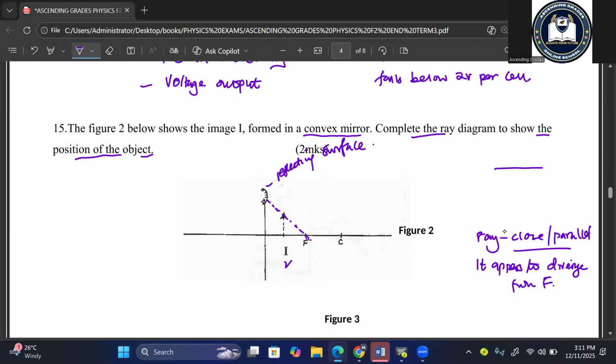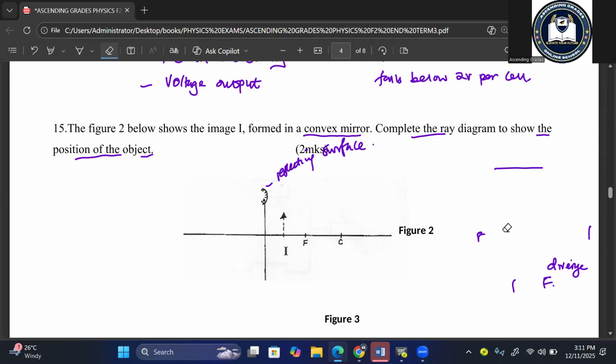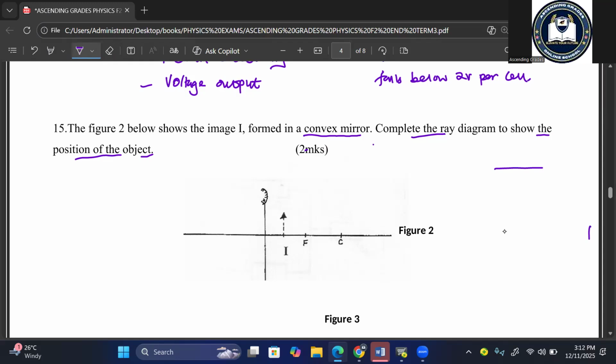I think there is an error here. It's supposed to be of a concave mirror. Or the drawing of the mirror is the one that was wrongly placed.